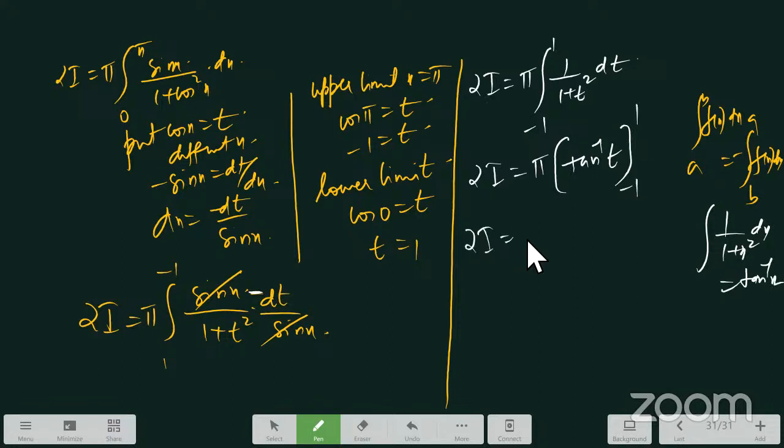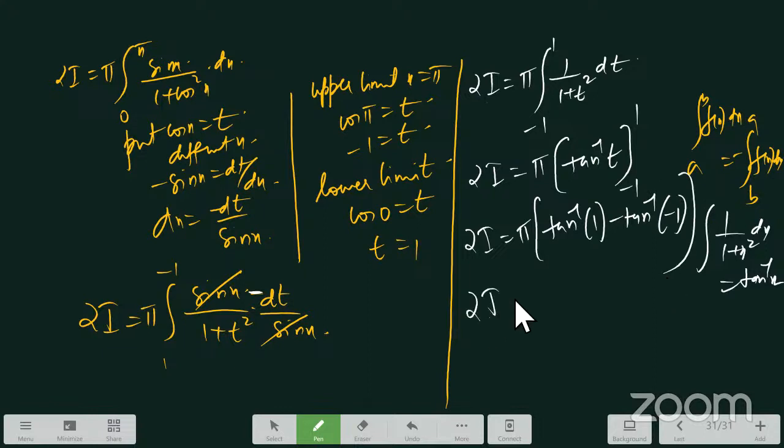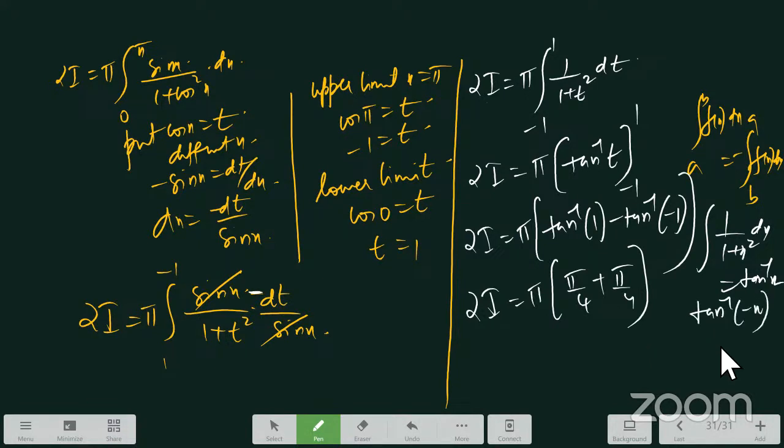So 2I is equal to pi times tan inverse of 1 minus tan inverse of minus 1. Tan inverse 1 is pi by 4. Minus comes outside, minus into minus plus, again 1. See here, tan inverse of minus x is minus tan inverse x.